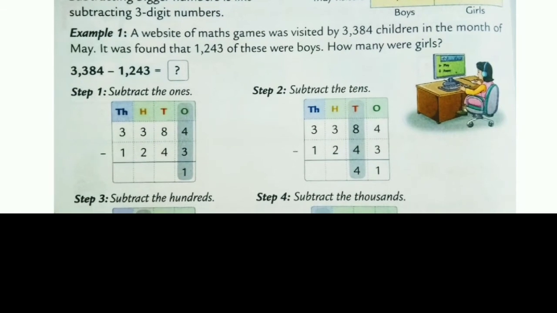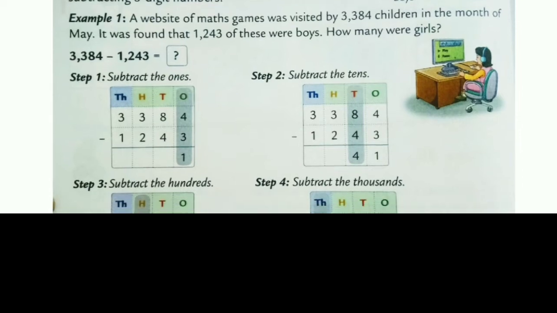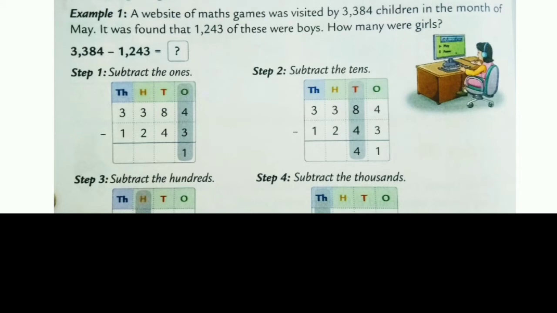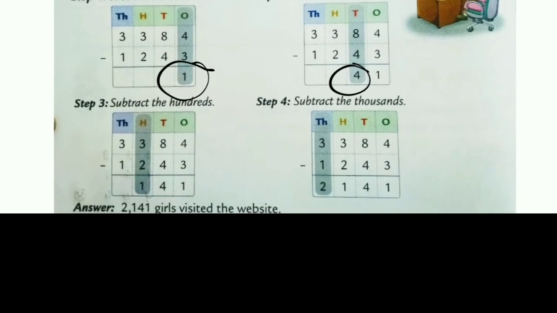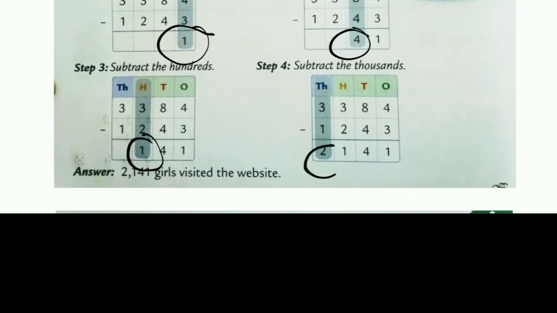So what we can do here? Here we will do step by step. First step, what we will do? We will subtract the ones, then tens, then hundreds, and then thousand.